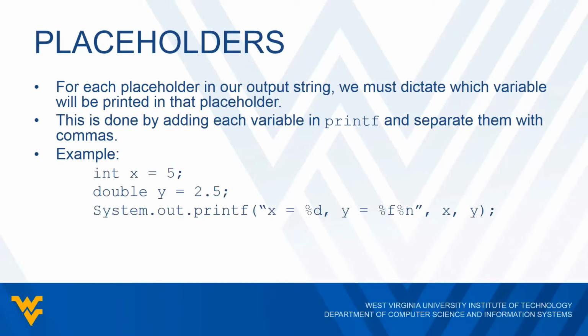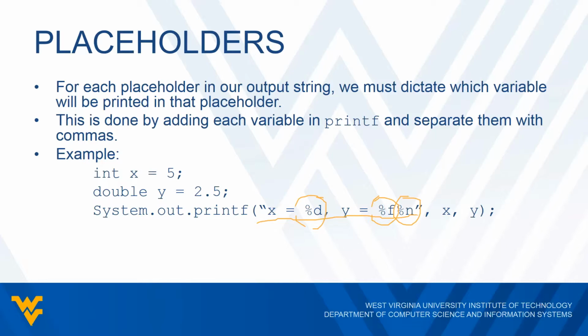So let's say I have the following code. I have an integer variable x, which I set to 5, and then I have a double, y, which is initialized to 2.5. So when I do System.out.printf, my output string is this whole line right here: "x equals %d, y equals %f %n". And so my placeholders are the %d, %f, and %n.